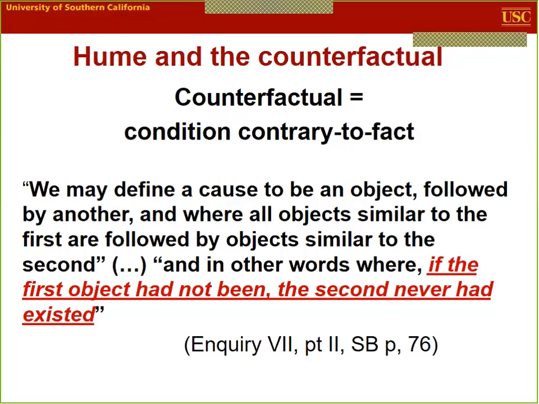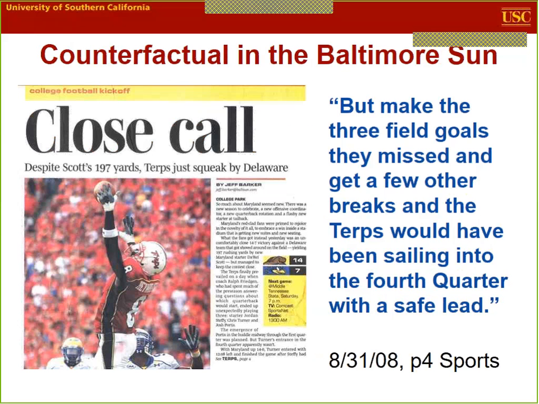Sportscasters spend a lot of time talking about what might have been had not the truth intervened. Here's a favorite example, going back to when I was at Johns Hopkins reading the sports section. It's about a game that the University of Maryland played.